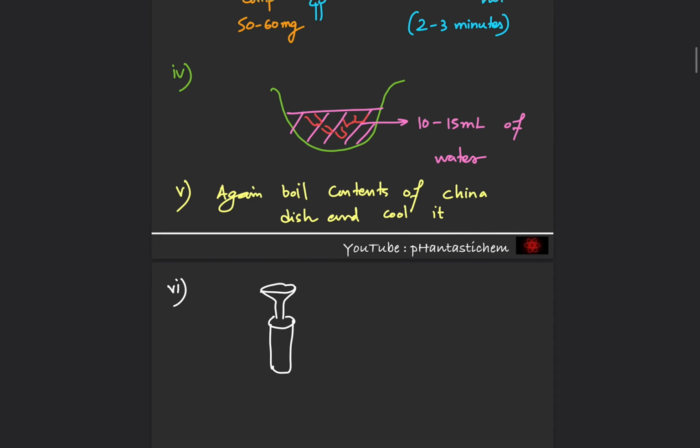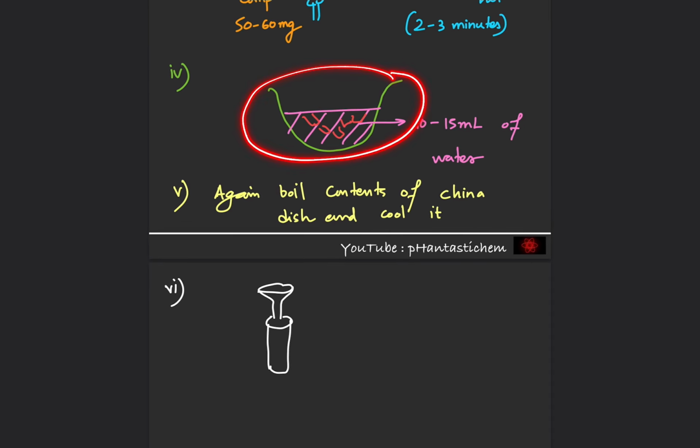After we have boiled the contents of this china dish and cooled it, we pour it into a filter paper, and whatever filtrate has passed through and got collected in the test tube, that is known as our Lassaigne extract.